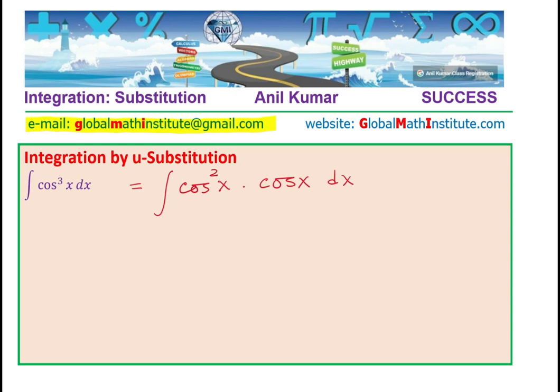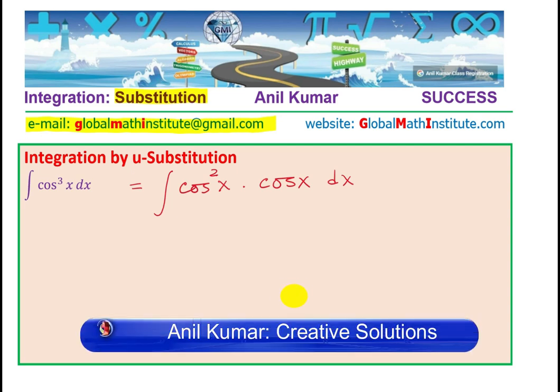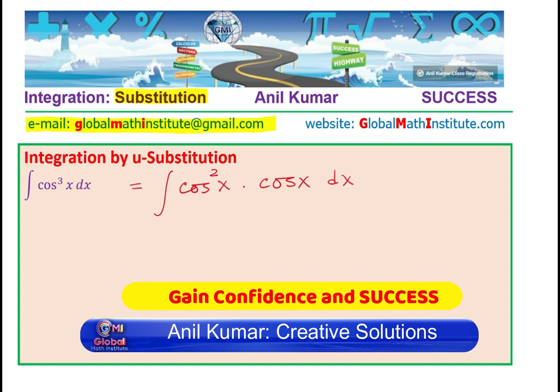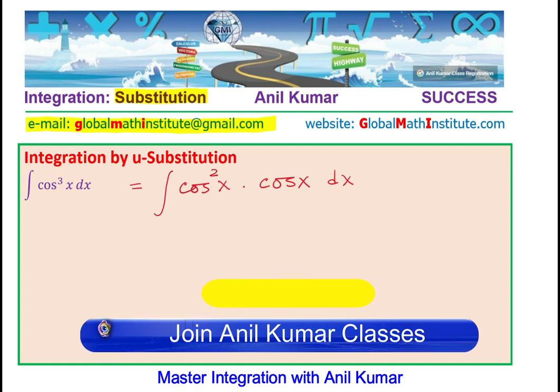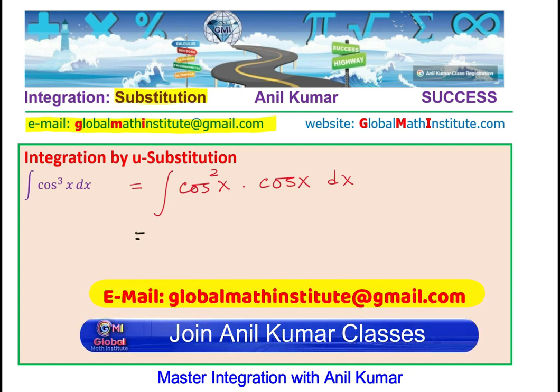The idea is to use the method of substitution. So you should have two different parts at least, where one is the function, the other one is the derivative. However, you know the derivative of cosine is sine. So we need to do something more to get to what we really want to do. You know the identity cos square x can be written as 1 minus sine square x, right?